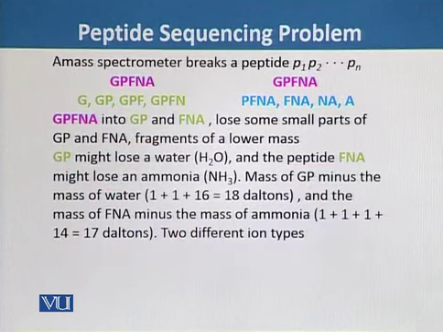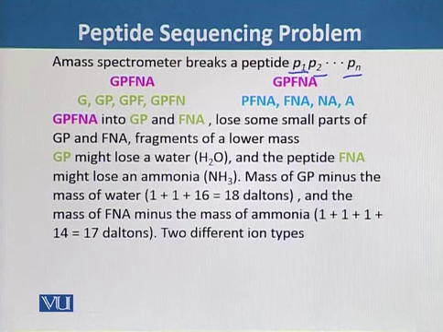A mass spectrometer typically breaks the peptides into further smaller fragments, which we call P1, P2 up to Pn, at different peptide bonds, and detects the masses of the resulting partial N-terminal and C-terminal peptides.